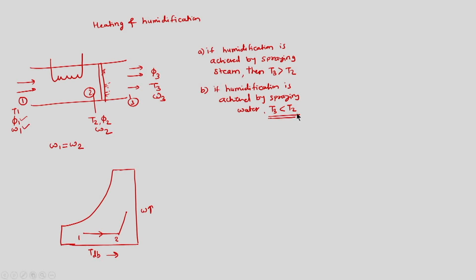This is what we have to remember. So at state 3, when we say T3 is greater than T2, it means we expect that steam is sprayed in the humidification process.